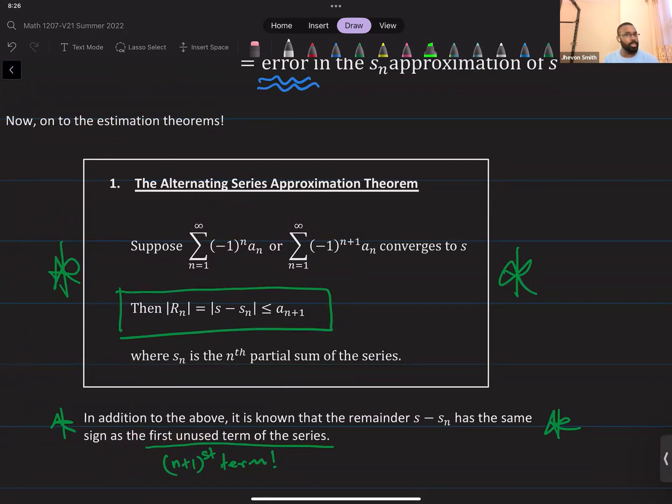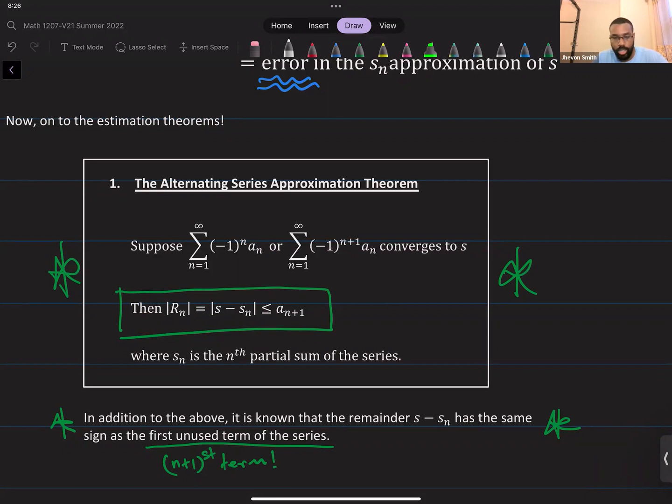And it's a pretty easy thing to do. So the n plus first term tells you how close the sum of the first n terms is. The sign of the n plus first term tells you the sign of the error. So if it's negative, it means you're larger than the real answer. If it's positive, it means you're smaller than the real answer.